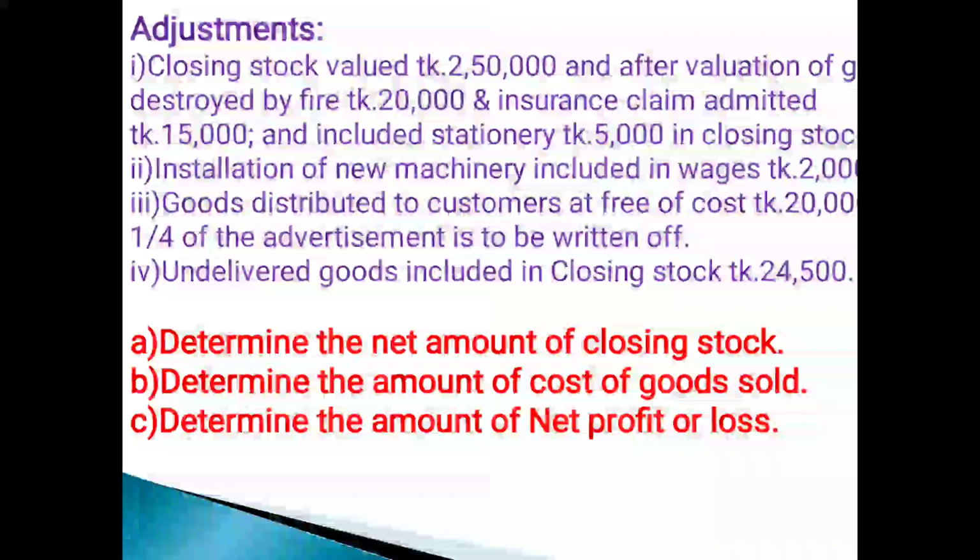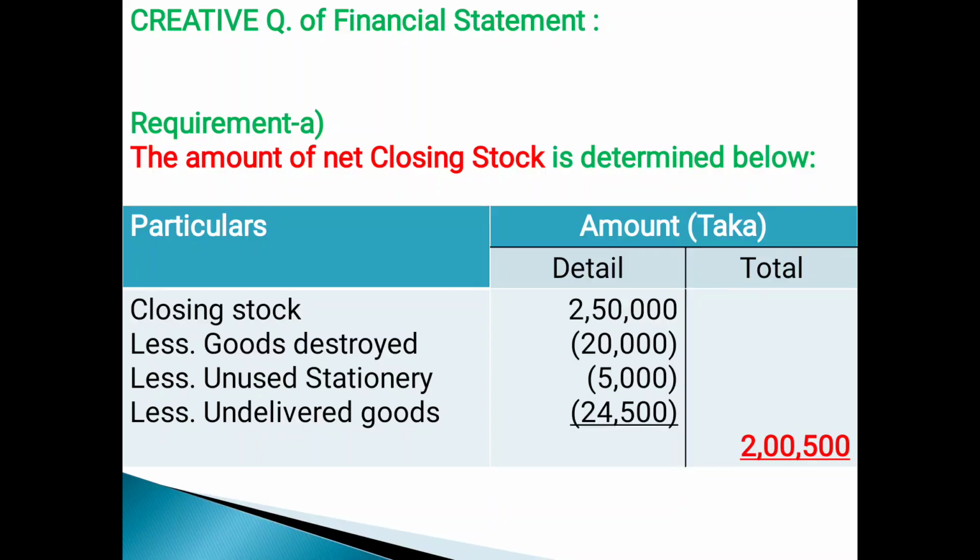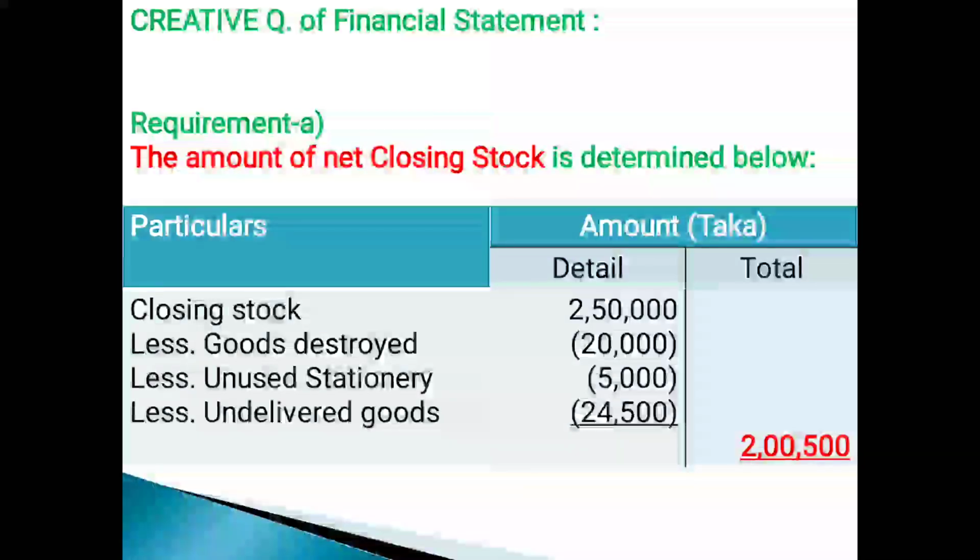Dear learners, now I am going to solve requirement A. The amount of net closing stock is determined below. Columns available: particulars, amount taka detail, amount taka total.